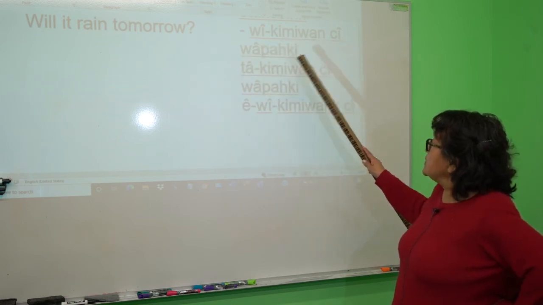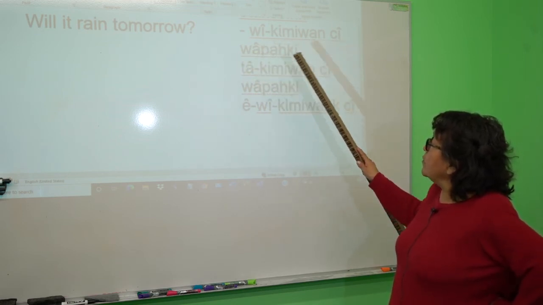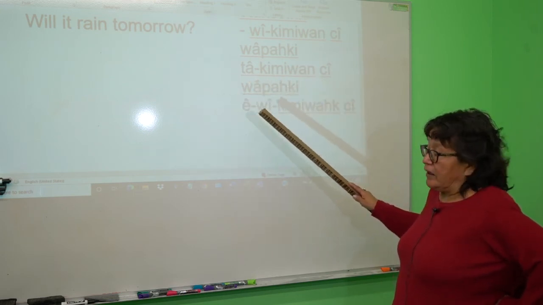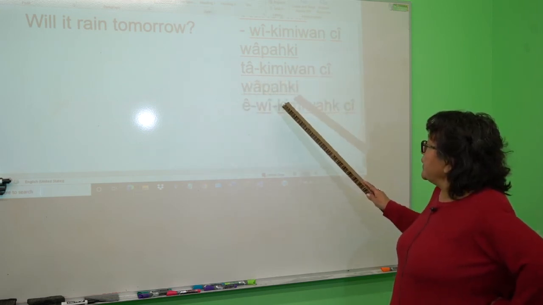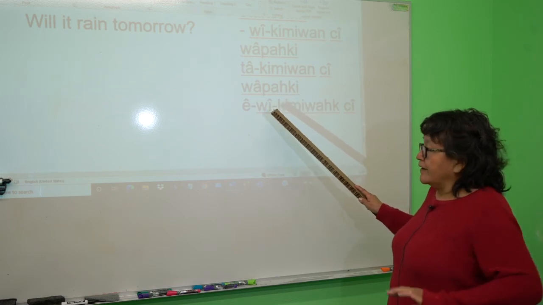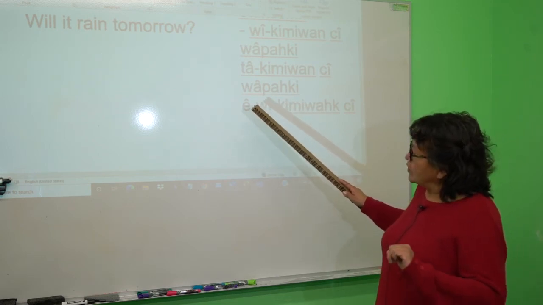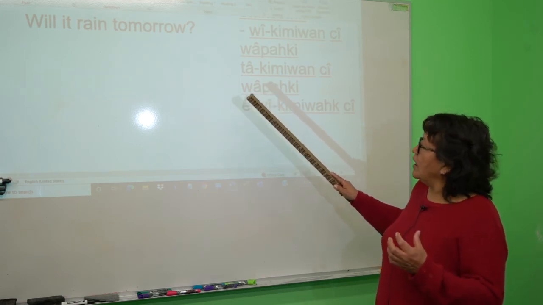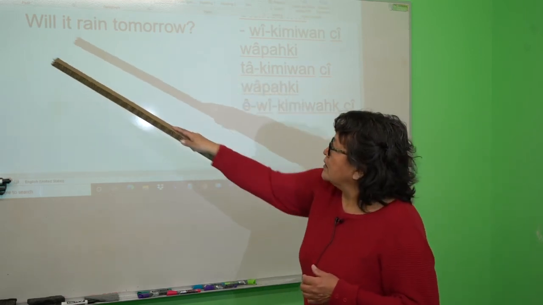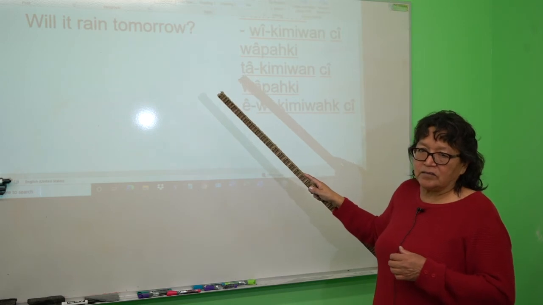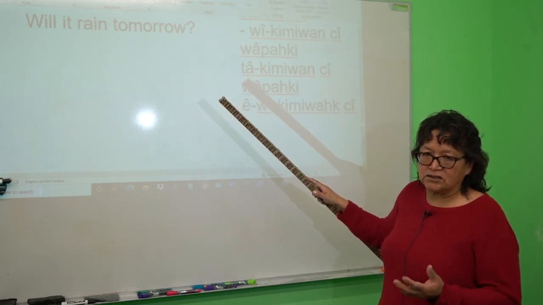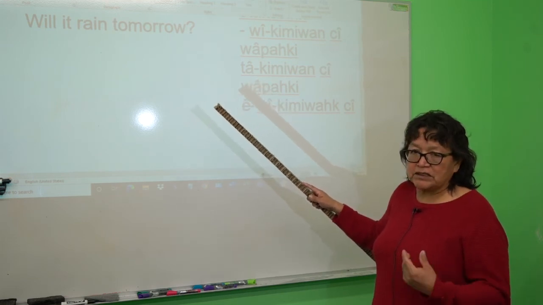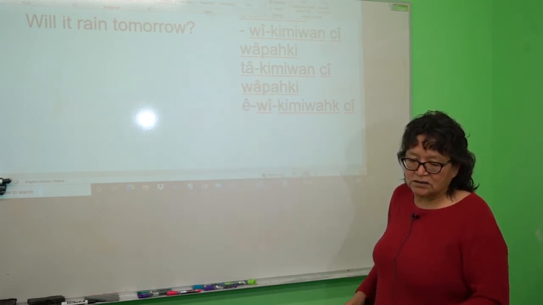We gimoan ti wapake. We gimoan ti wapake. Or you'll hear ta gimoan ti wapake. If you were going to use this in the English translation of the term will, this is what they have it labeled as the translation in linguistics and the textbooks that I've learned to use in the past.